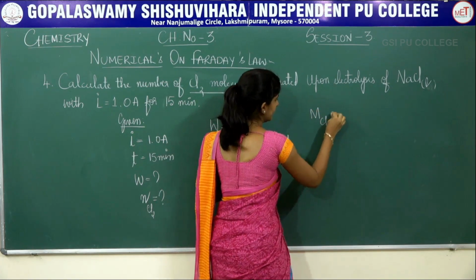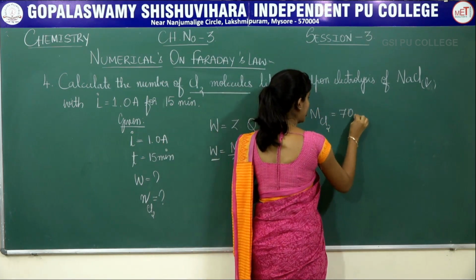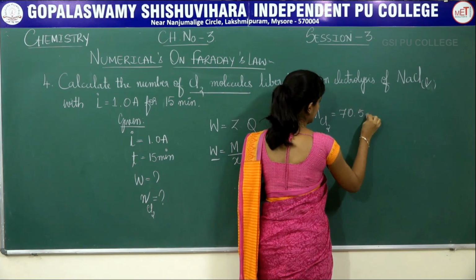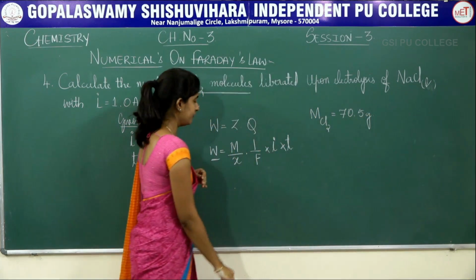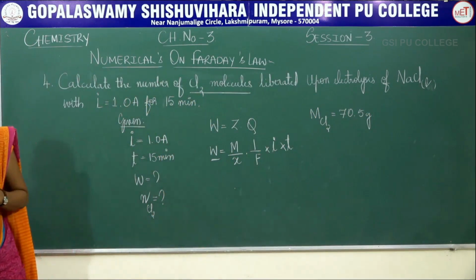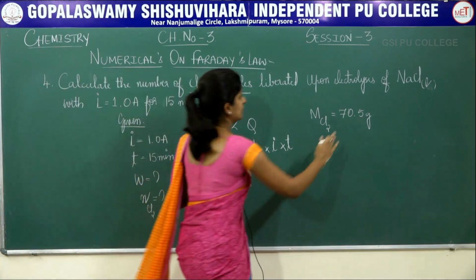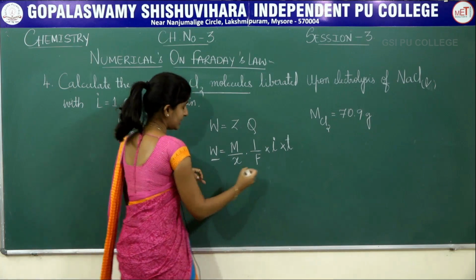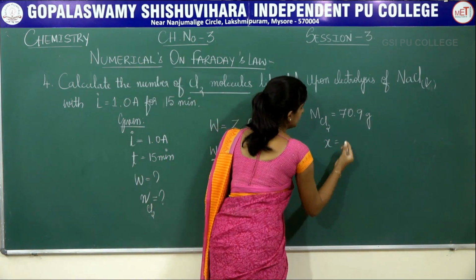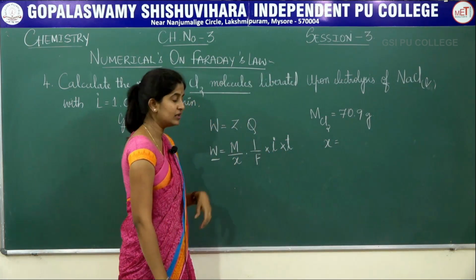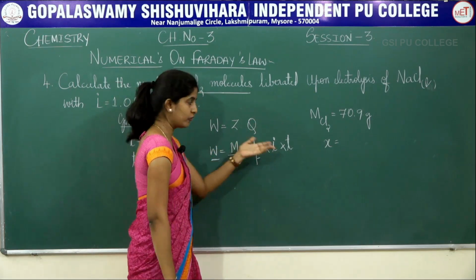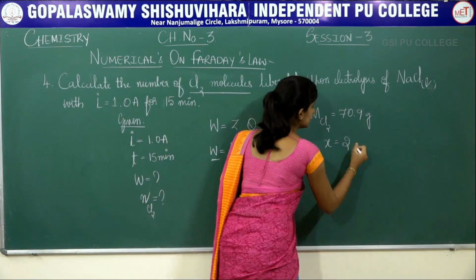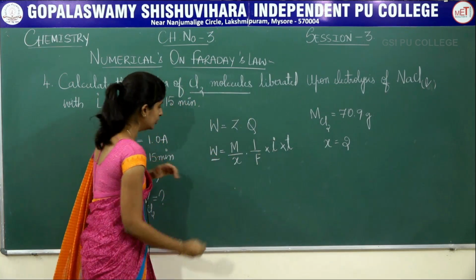Molecular mass of chlorine is equal to 70.9 grams. So the valency of chlorine, that is the atomicity of chlorine, is equal to 2. So X is equal to 2.